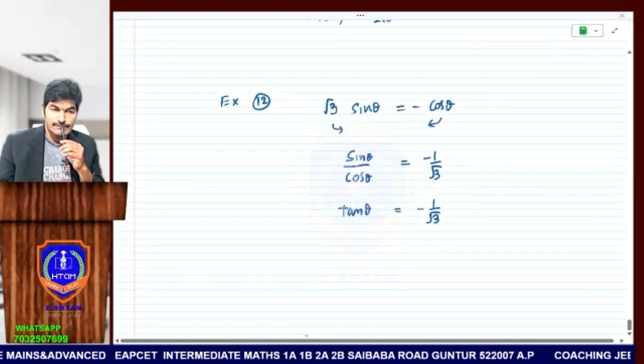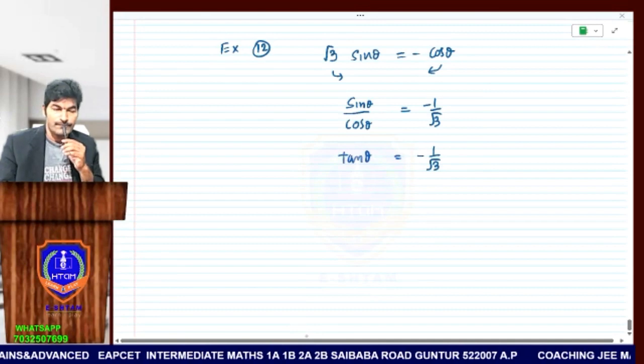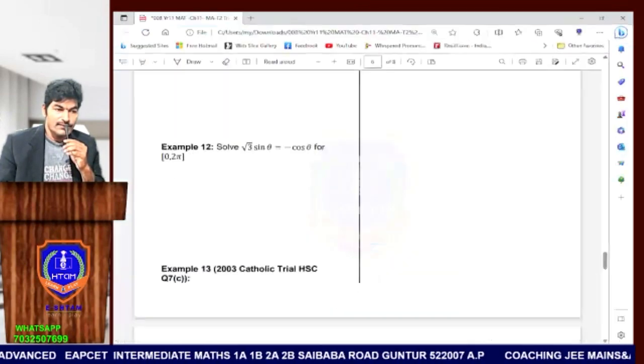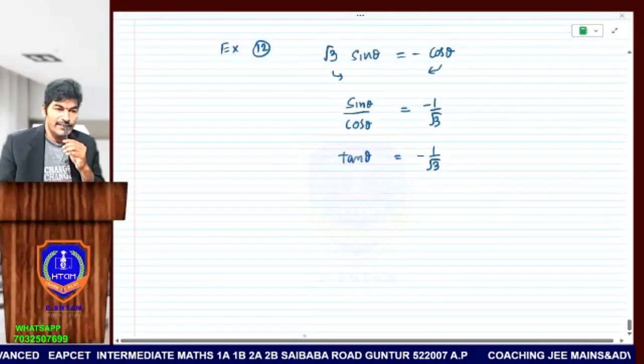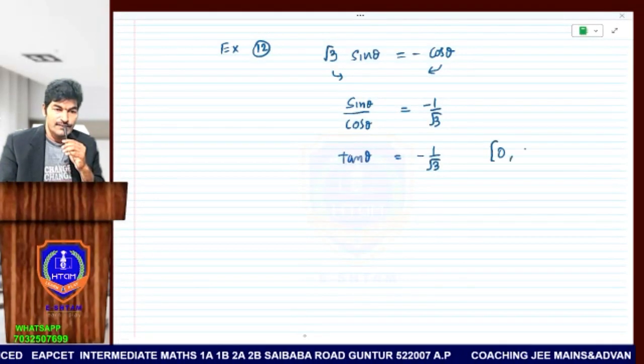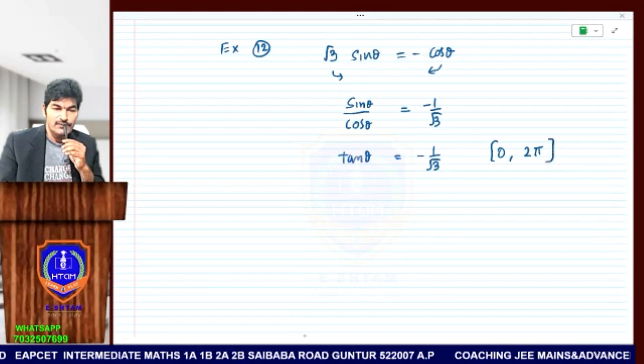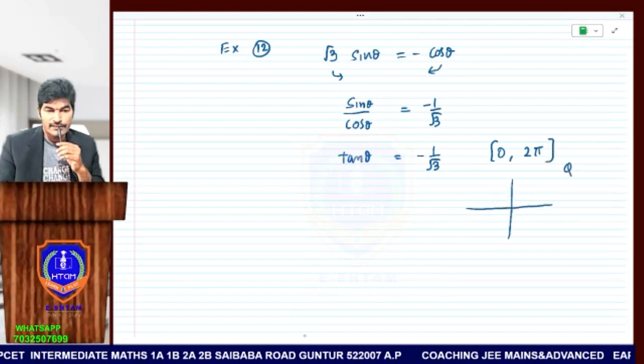Understood? Okay. So tan is negative, and what is the range? Solution range will be 0 to 2 pi. 0 to 2 pi means you can use quadrants.